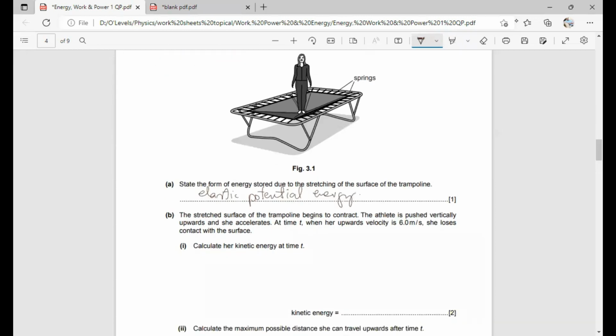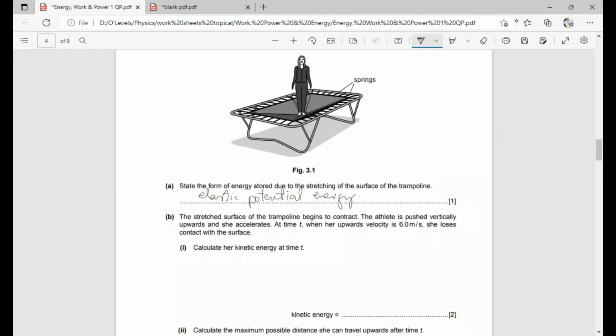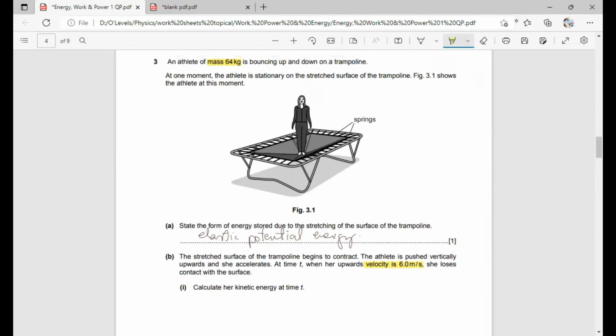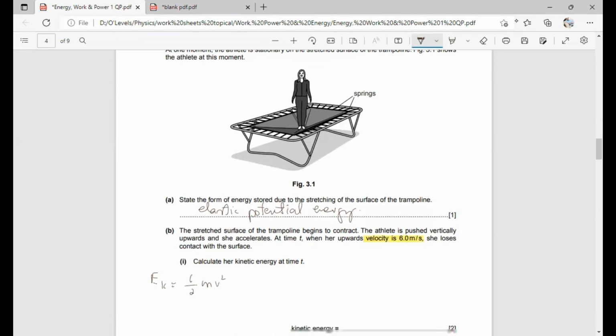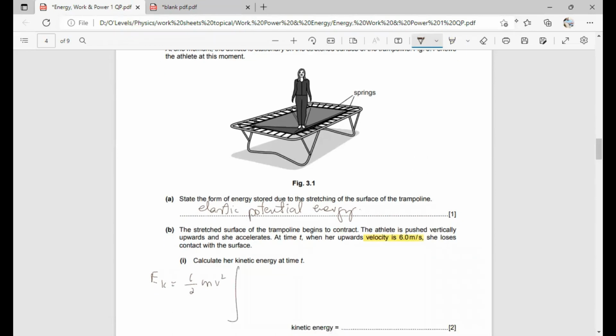Now, calculate the kinetic energy. What was the formula? There is a velocity of 6 meters per second and we have mass 64. So we can apply 1/2 mv squared. Is that the formula for kinetic energy?